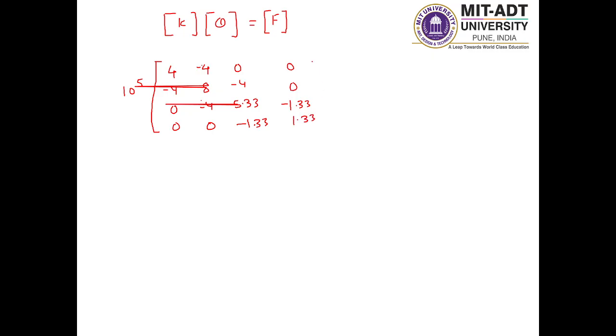So this is the K matrix, right? The K matrix is multiplied by the value of Q.